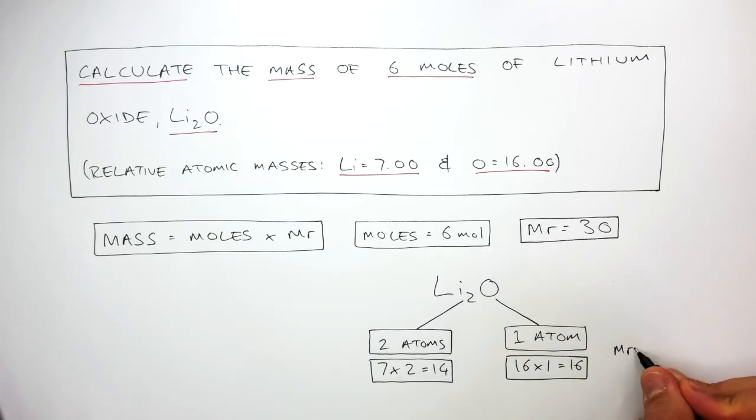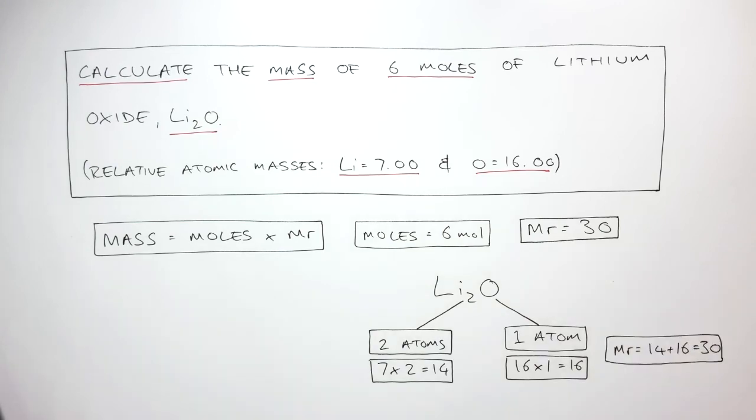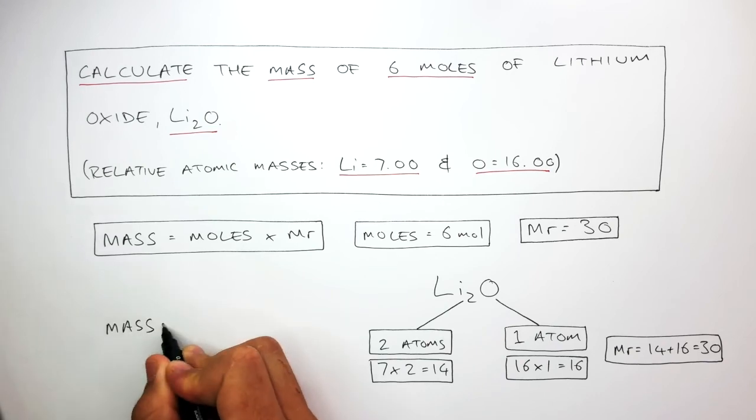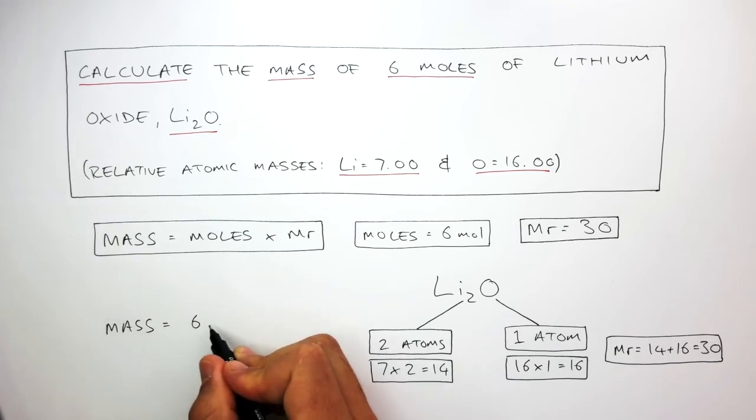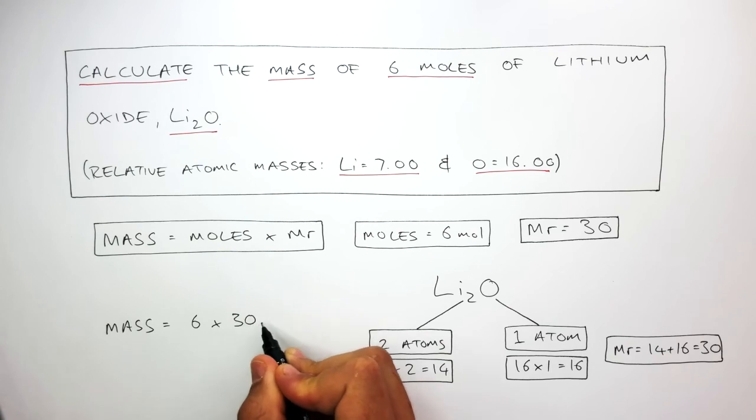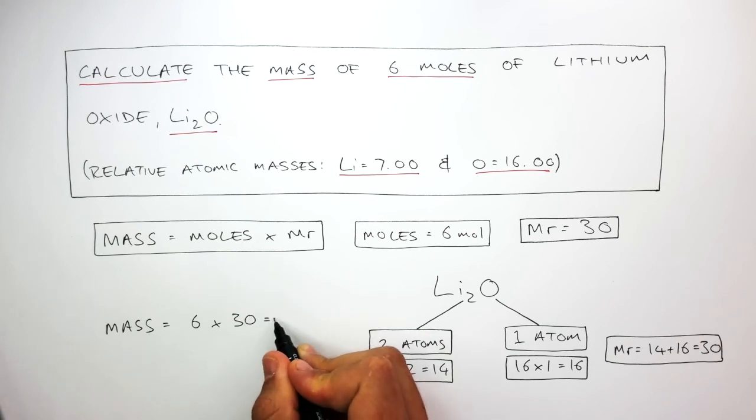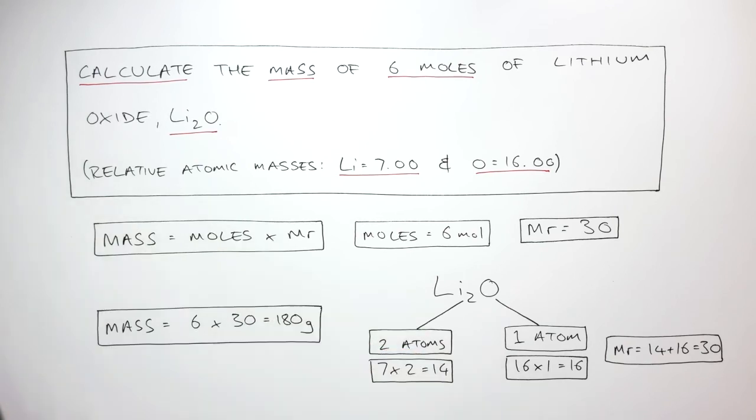So the MR can be calculated by adding 14 and 16, which equals an MR of 30. We input this into the equation where mass equals 6 mole times 30, which equals a mass of 180 grams.